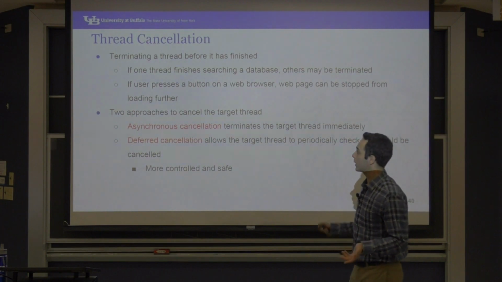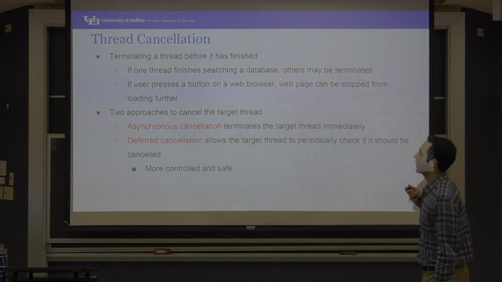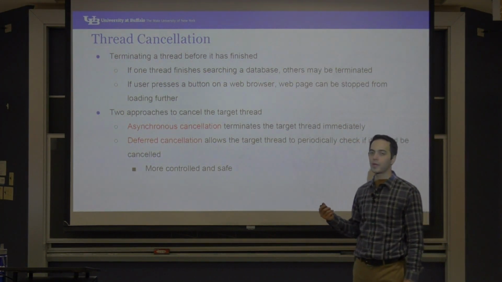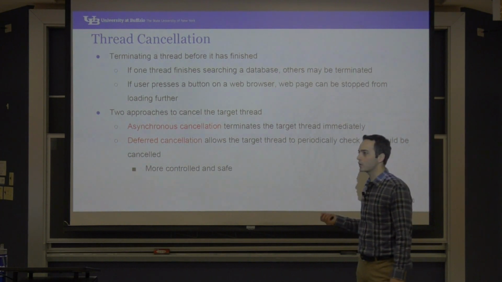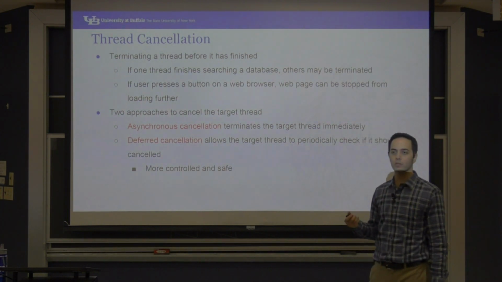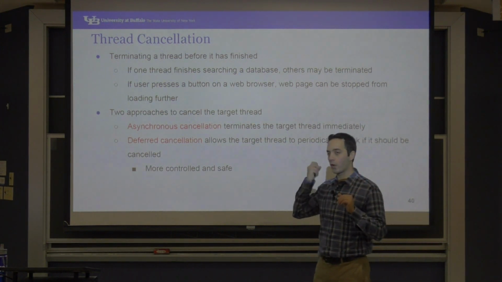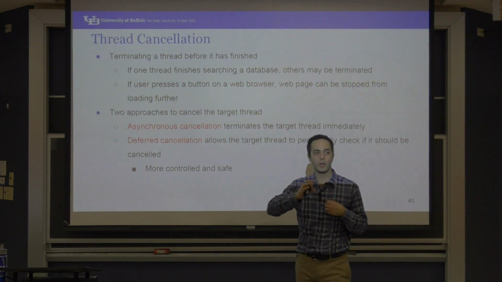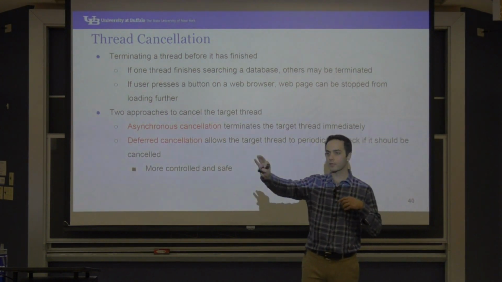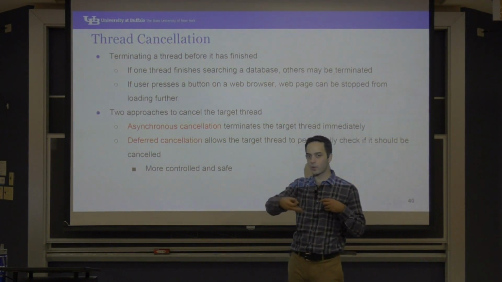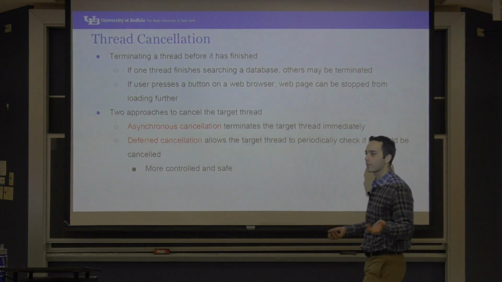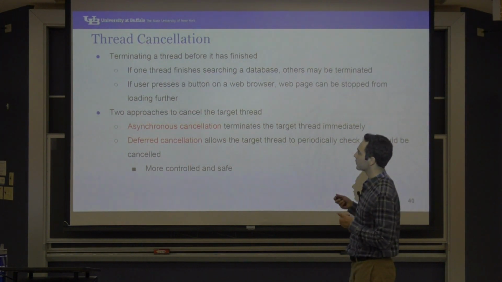An example is searching a database for something: once it's found, you don't want the other threads to keep going. Let's say in this room we want to look for a phone. I'll search this half, and you'll search that half. Whenever you find it, you'll tell me to stop. That's exactly what is happening here.